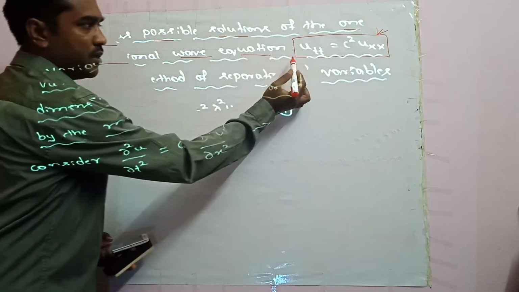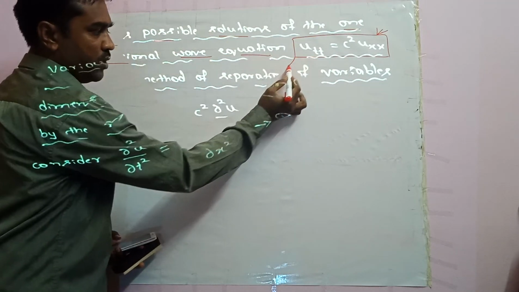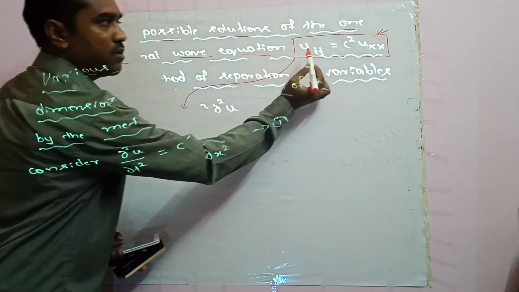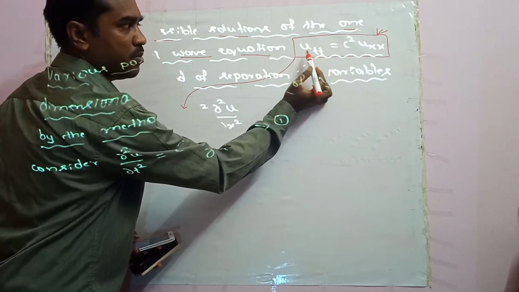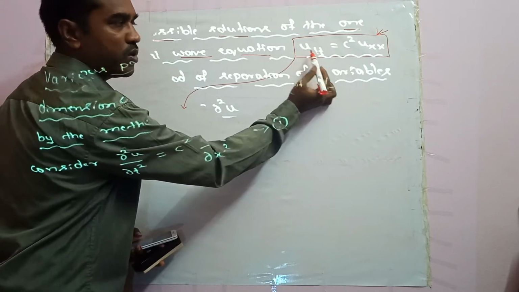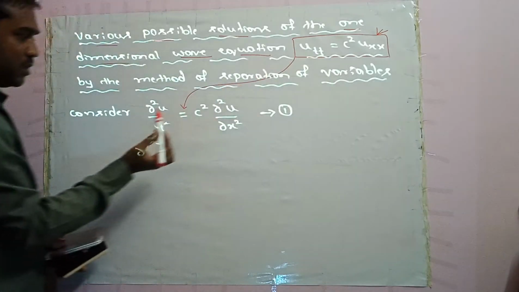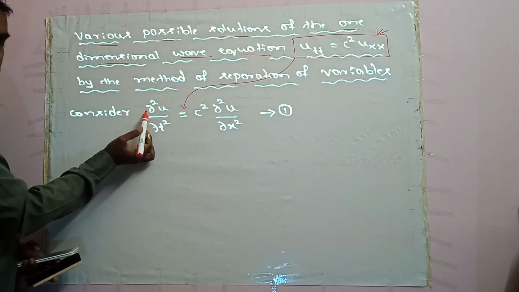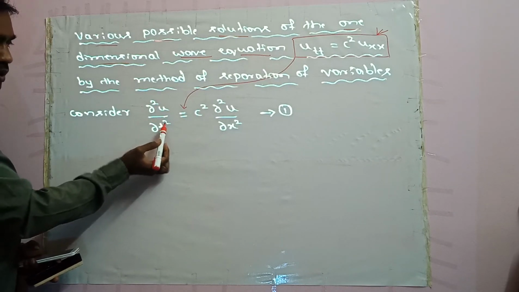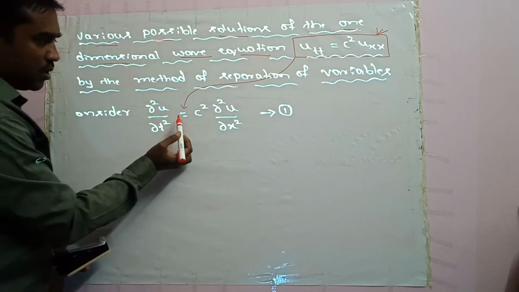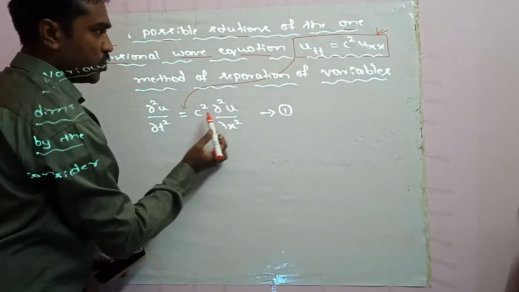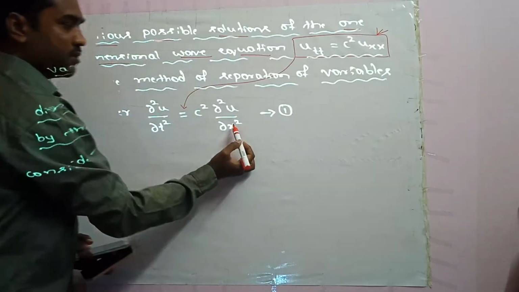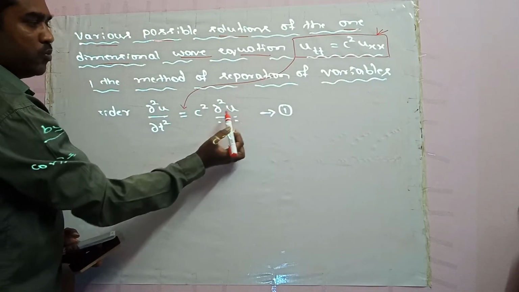Now we can rewrite this wave equation in this form, where u_tt represents the double derivative of u with respect to t. That means ∂²u/∂t² is equal to c² times the double derivative of u with respect to x, that is ∂²u/∂x².